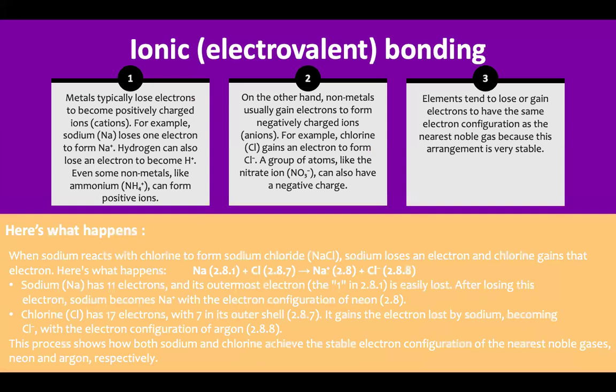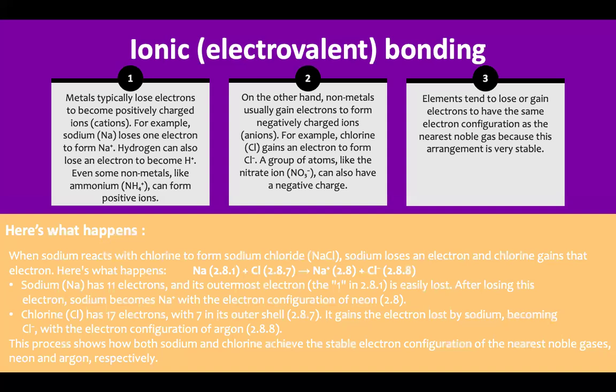Ionic, electrovalent bonding. Metals typically lose electrons to become positively charged ions, cations. For example, sodium loses one electron to form Na+. Hydrogen can also lose an electron to become H+, and even some non-metals like ammonium, NH4+, can form positive ions.